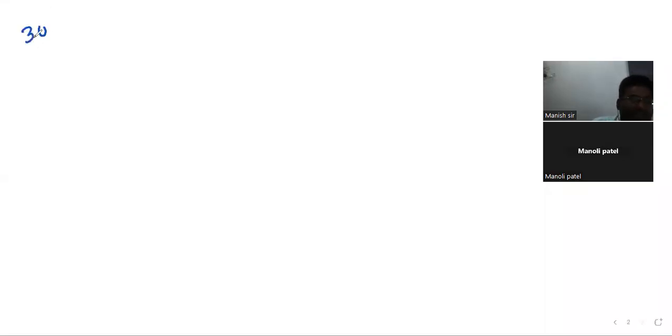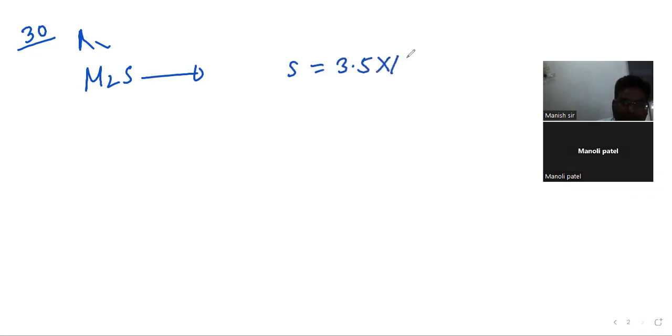Now see question number 30. The solubility of M2S is given as 3.5 × 10^-6. Then find the solubility product. When M2S dissociates, it gives 2M+ and S2-.